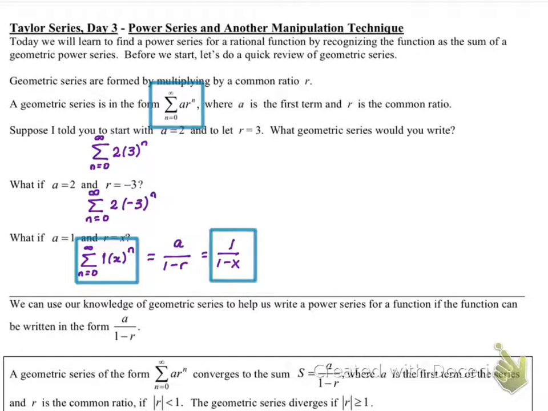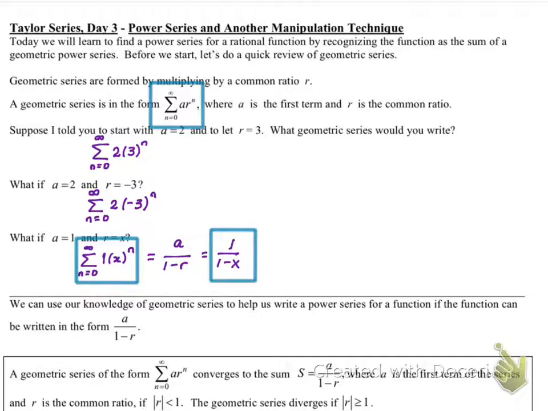Okay, so if we have a geometric series of the form n equals 0 to infinity, a times r to the n, it will always converge to the sum a over 1 minus r, where a is the first term of the series and r is the common ratio.